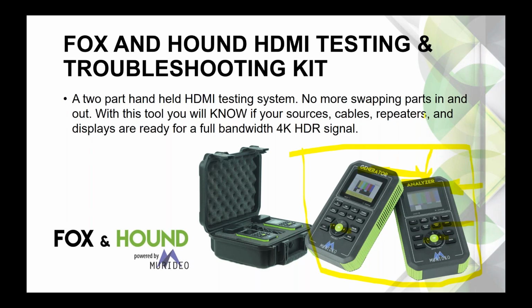So the Fox and Hound is a good option for integrators to have on their truck for troubleshooting. And it cuts down on the pluck and chuck, and we all know we do that. I've been in tech for too long, 30-40 years, and that's what we do.